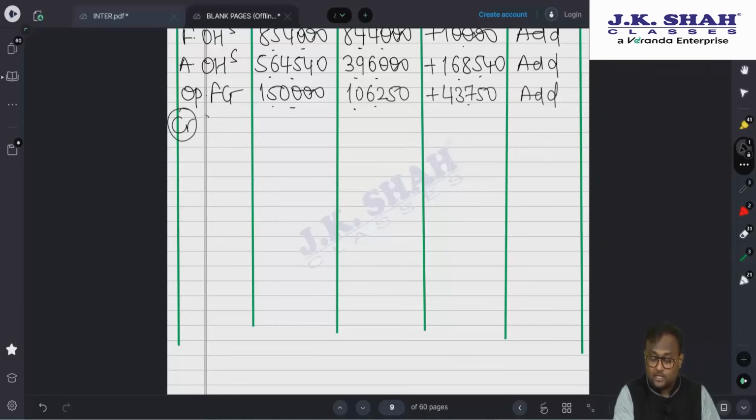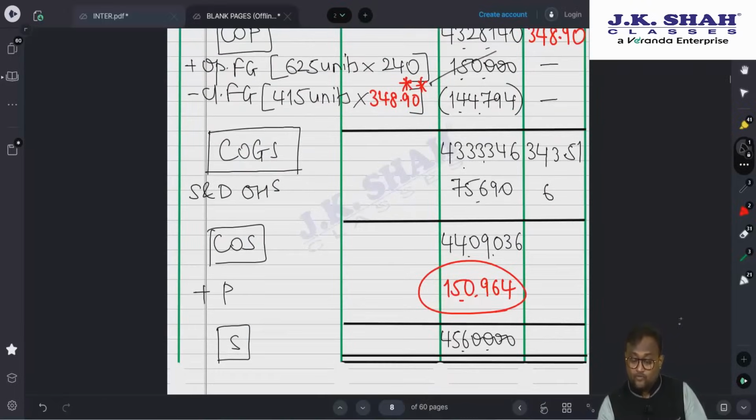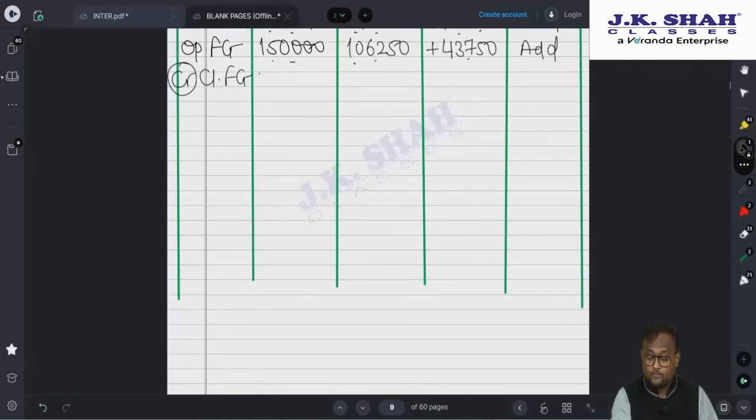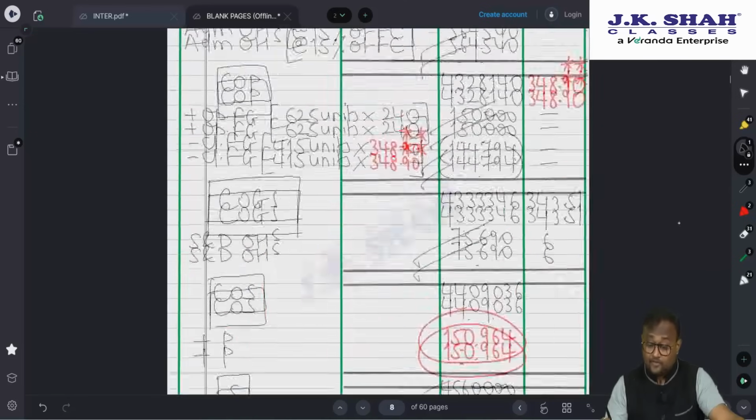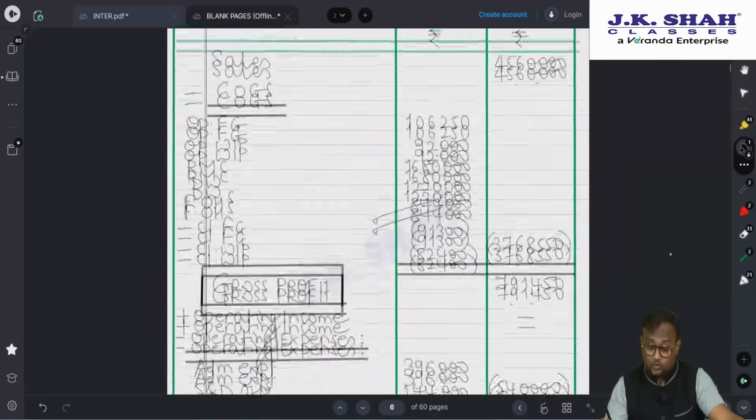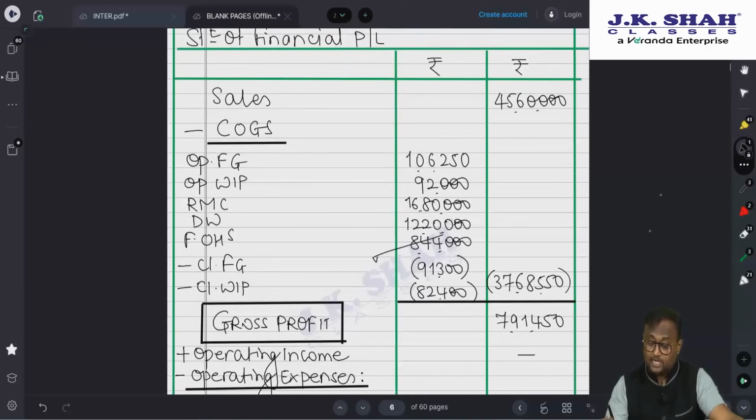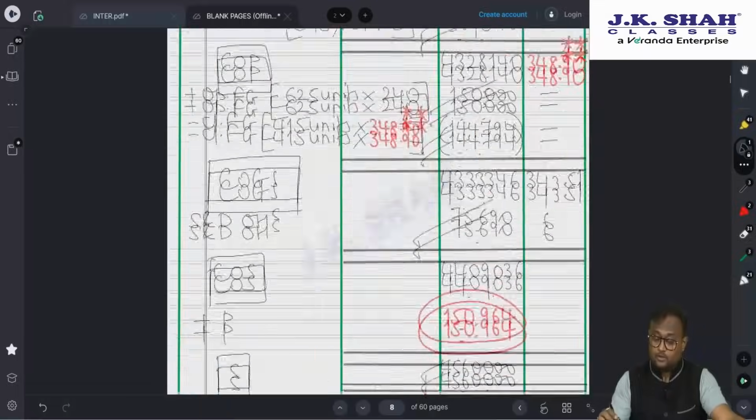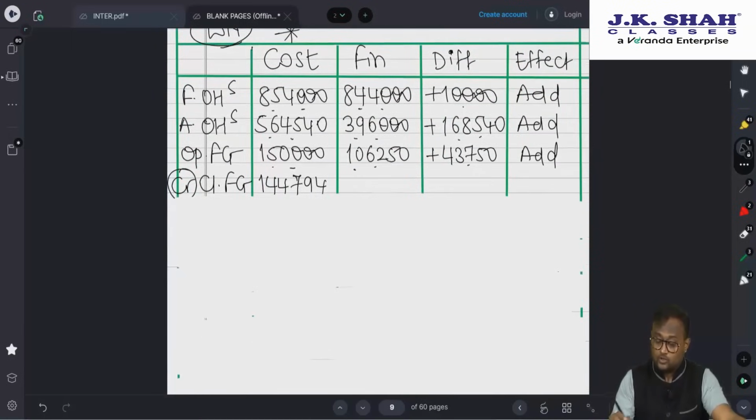Then my next item is a credit item, closing stock of finished goods 144,794, and in finance you have closing stock as 91,300.